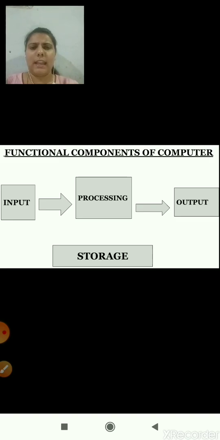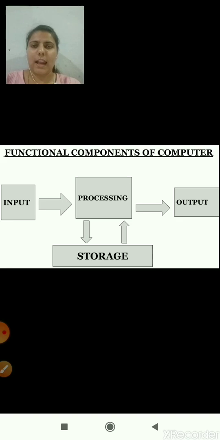Now, just take a real life example of input, process and output. Input, if we switch on the AC, it is an input. Now processing, AC will turn on and output, it cools the room.